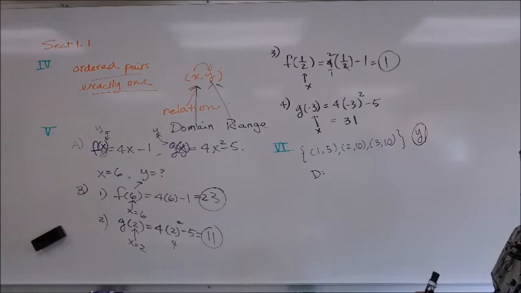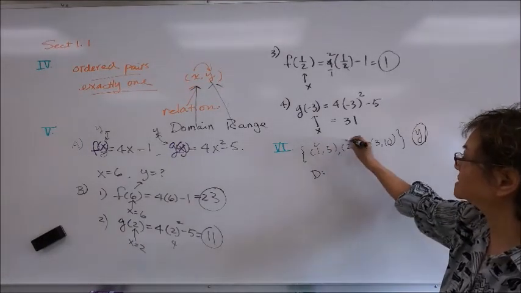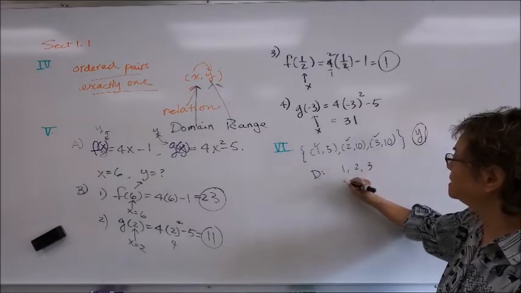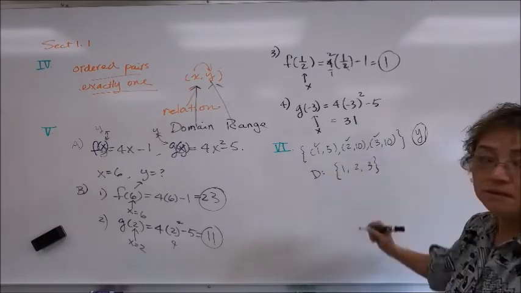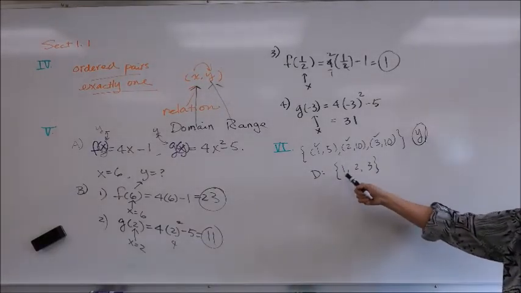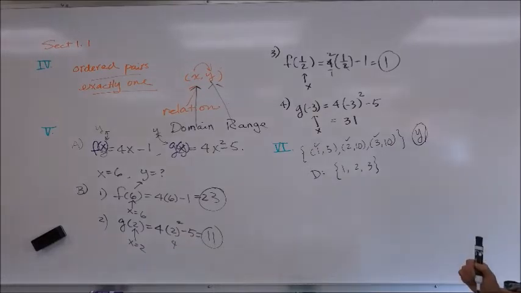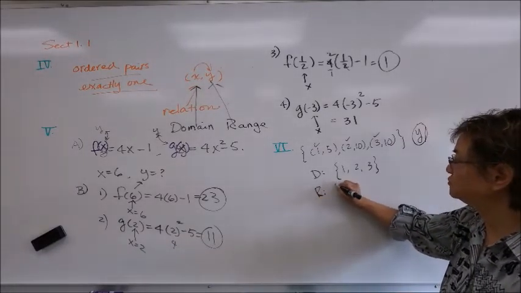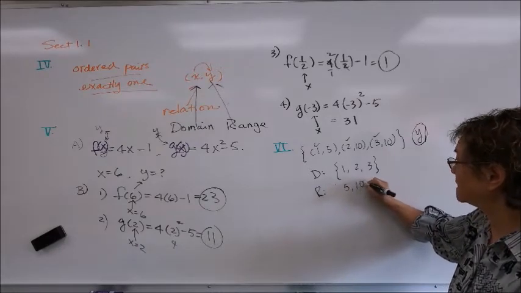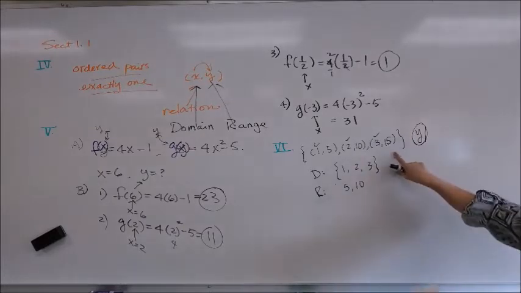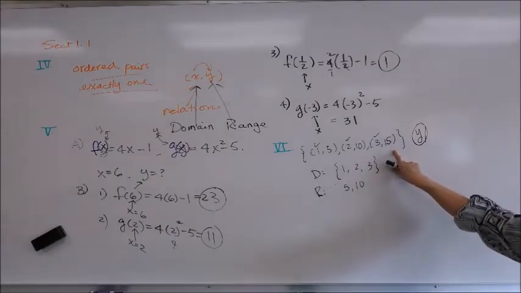Domain is what? All possible x values. So that's your x values. We write it this way, 1, 2, 3. Then we use a curly bracket to put it as a set. It's a formal symbol of math. So that's your domain. What's your range? 5, 10, oops, that's 15. Otherwise, it would not be a function.